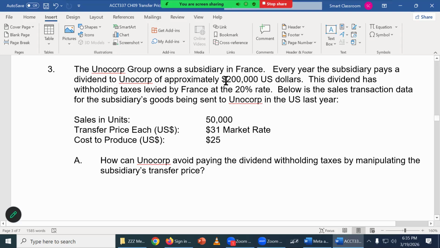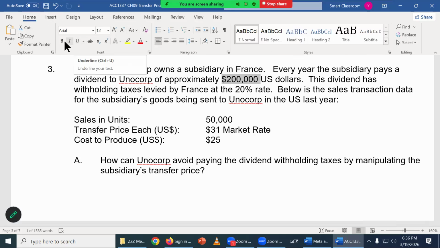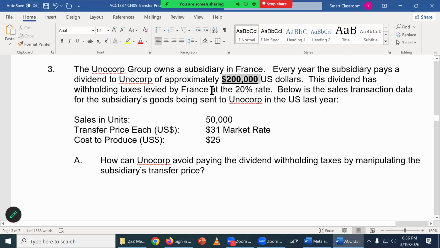Here's what we're trying to do. We're trying to get $200,000 into the US without calling it a dividend. And you're right, we're going to reduce the price. The cost isn't initially going to come into play, but it will in a second when we talk about some of the drawbacks. So we need to get $200,000 out and not pay the dividend withholding tax.